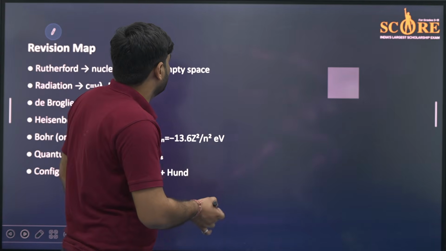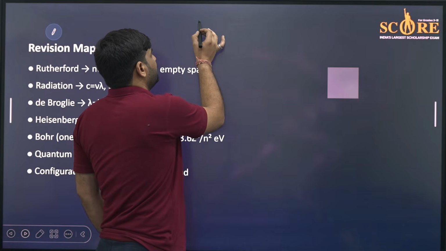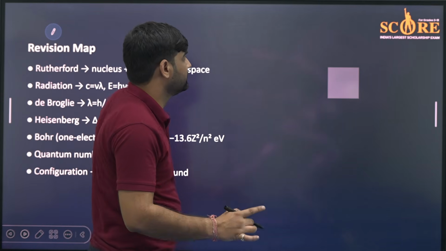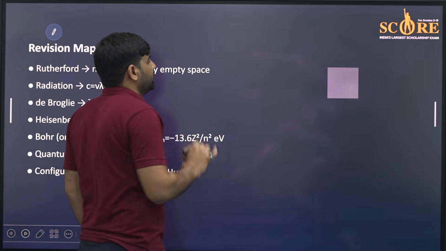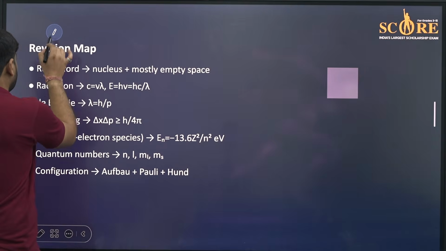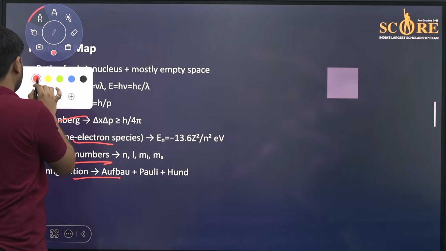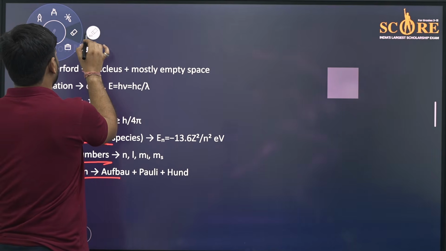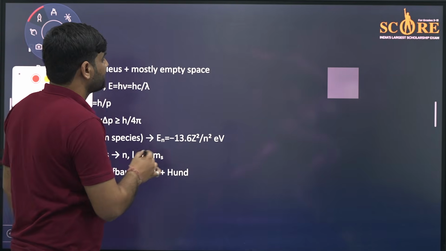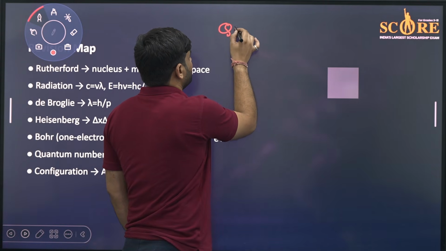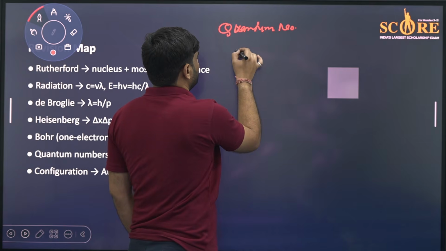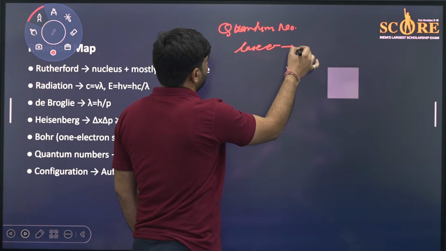So first, what are all 4 quantum numbers? The question is: what are all 4 quantum numbers of the last electron of sodium?